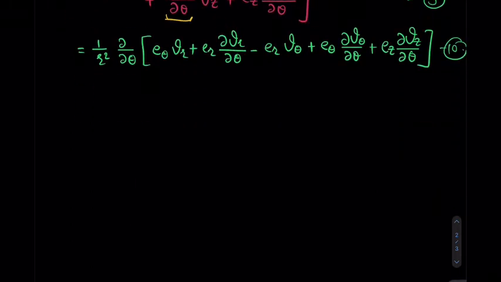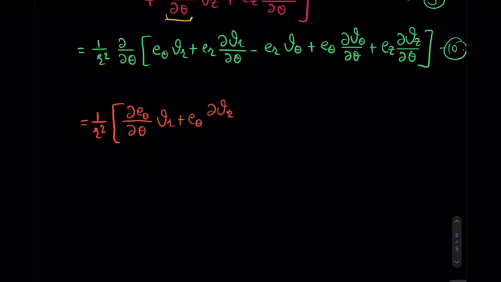Now let us take the derivative with respect to theta again of all these terms. So 1 over r squared into partial over partial theta of e theta into vr plus e theta.